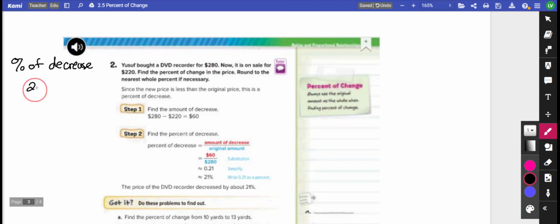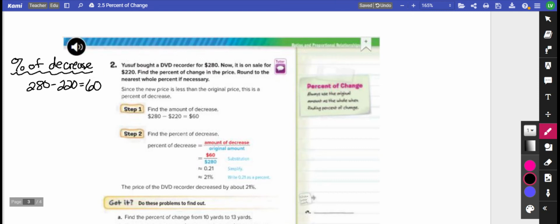So I'm going to take 280 minus 220, which equals 60. I know it's going down by 60, and it's a percent of decrease.